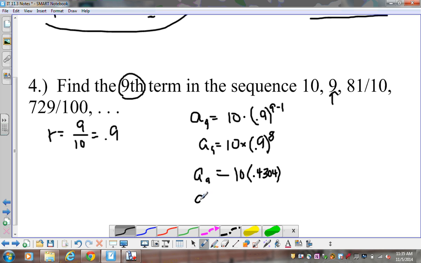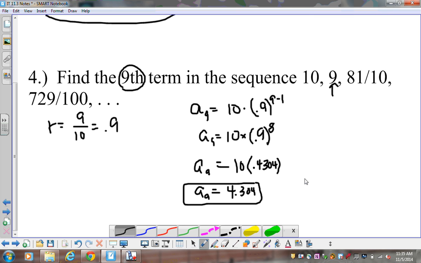And that means that my ninth term, 10 times 0.4304, is going to be 4.304. And there you go. So the ninth term of this particular geometric sequence would be 4.304. You could convert that to a fraction if you wanted to, just using your calculator, but that's going to be the ninth term of my sequence.